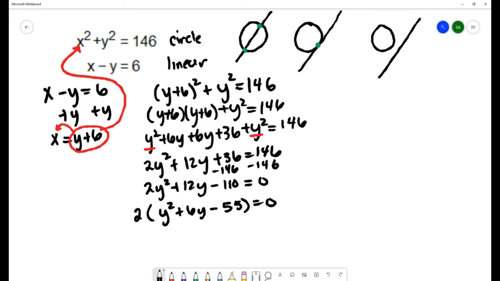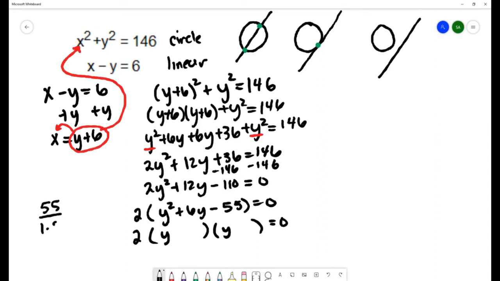And let's see if we can factor that. So we've got y and y. And factors of 55, we don't have very many.